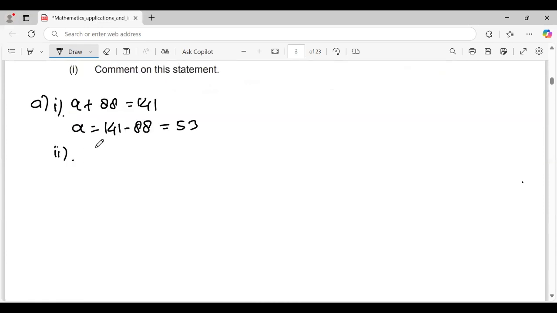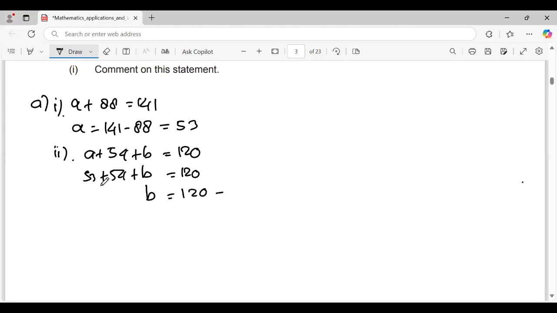So it means A plus 54 plus B equal 120. A is 53, so 53 plus 54 plus B equals 120. B equal 120 minus 107, because 53 plus 54 equal 107, and it is 13. So A equal 53 and B equal 13.